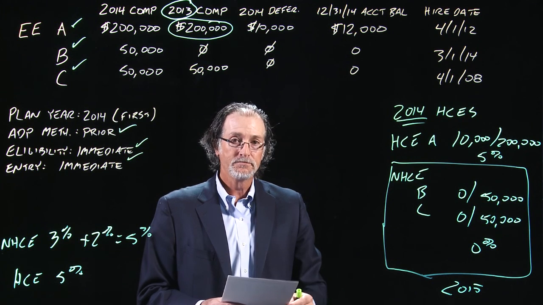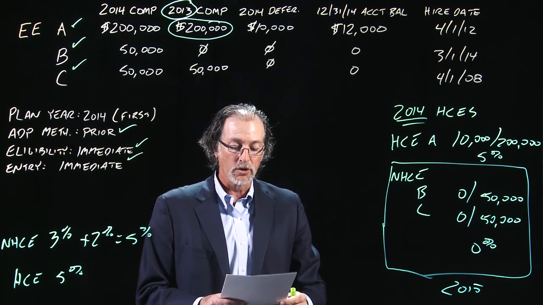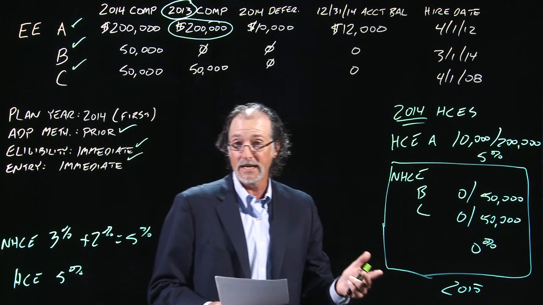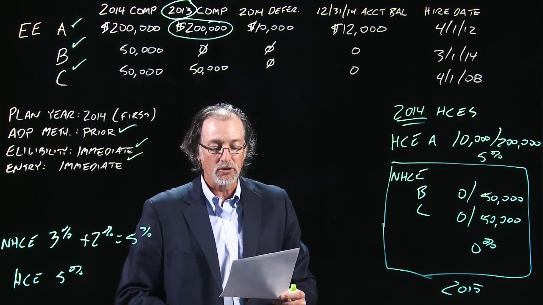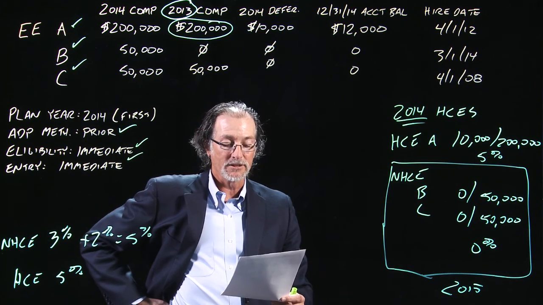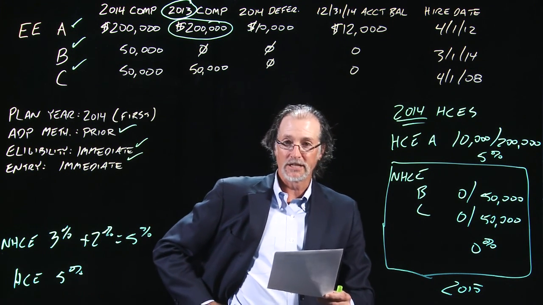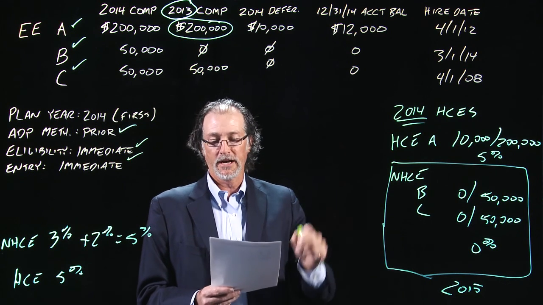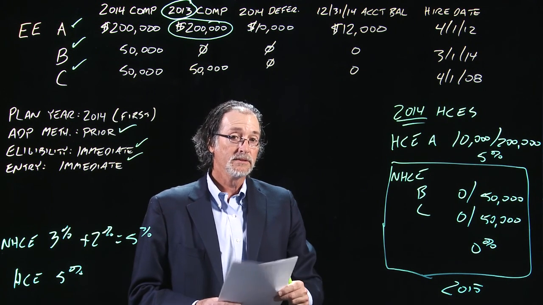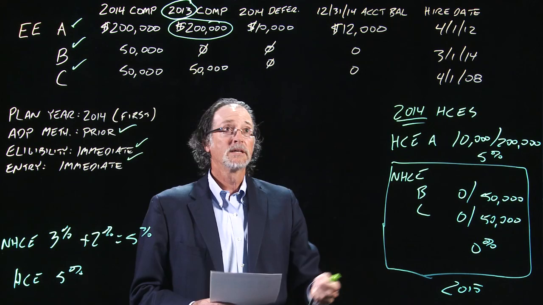There are none. Now, are there any officers earning over $170,000 on the determination date? That is also none. And are there any 1% owners earning over $150,000 on the determination date? And you can look at both years when I discuss that. It's still none. So we have 0 key employees.